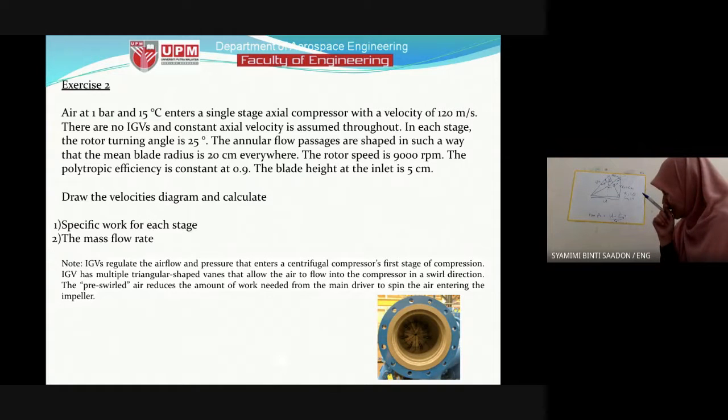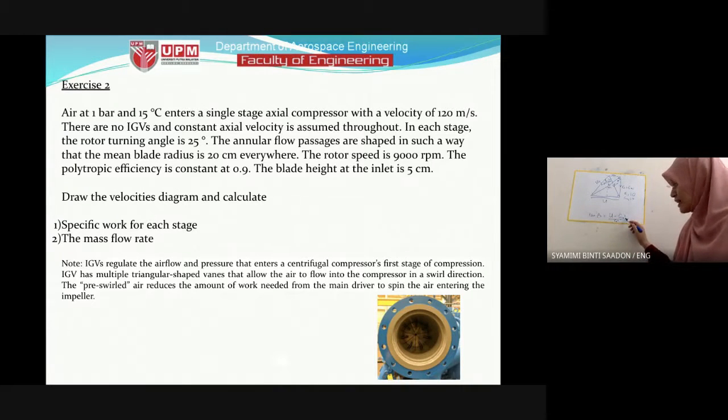Okay, tangent beta, so here, beta 2 you already got, 32.5 degrees. U we know from the rotational speed, and CA is constant, so CA1 equals CA2 equals 120 meters per second.